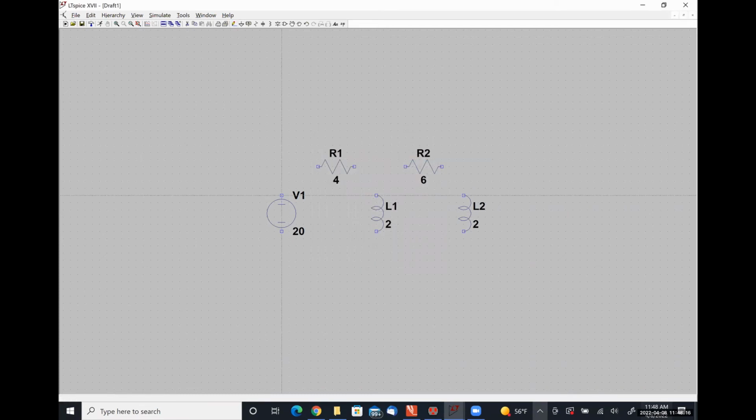Wire this bad boy up. And I'm going to choose to put my ground on the bottom.